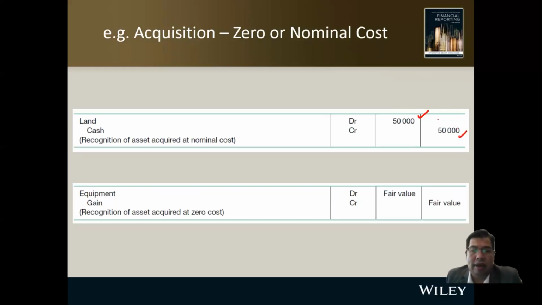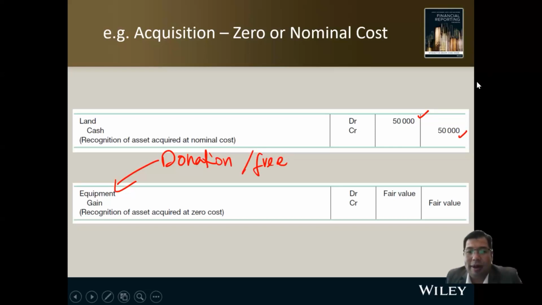It's very easy. But for equipment, you may get donations. For example, you got this for free. You cannot put free in your account. You need to come up with some figure. So you need to value the equipment. Maybe you can compare the cost of the same kind of equipment this year, and then put the fair value of that asset, maybe 20,000.